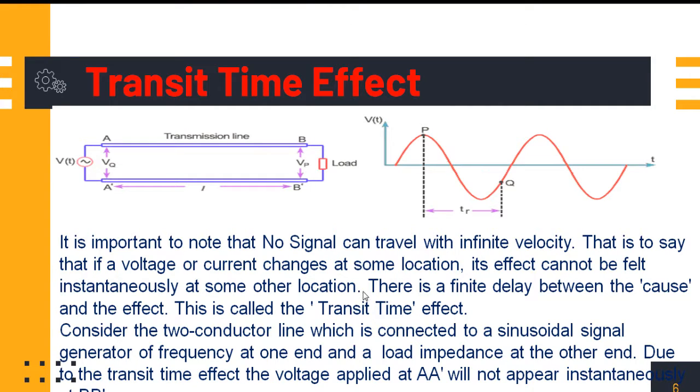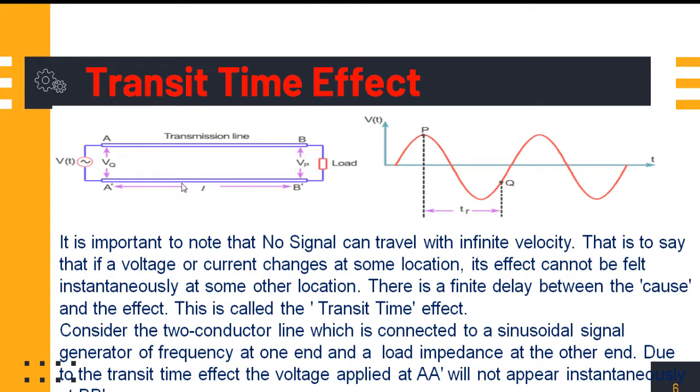That is to say, if a voltage or current changes at some location, its effect cannot be felt instantaneously at some other location. There is a finite delay between the cause and effect. This is called the transit time effect. See the second figure, where the red color shows the sinusoidal wave, and here the P point and here the Q point, and from this to this is called the transit time. We can say the transit time effect.